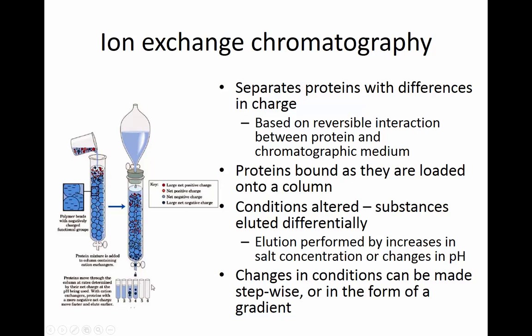And they will come out in different fractions here. And changes of conditions can be made either stepwise, or if you happen to have a gradient maker, you can do this in the form of a gradient.